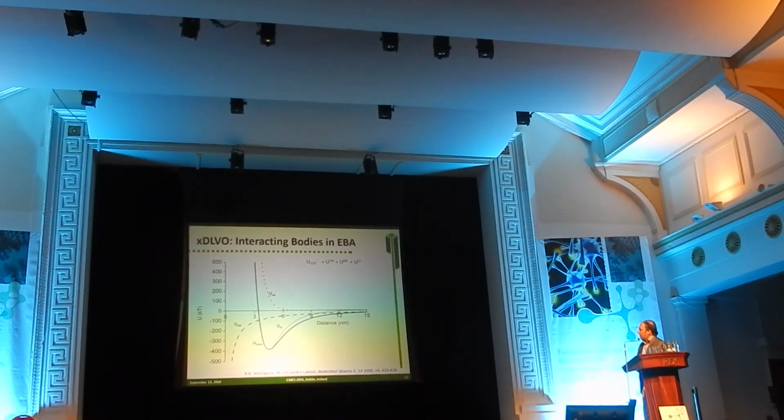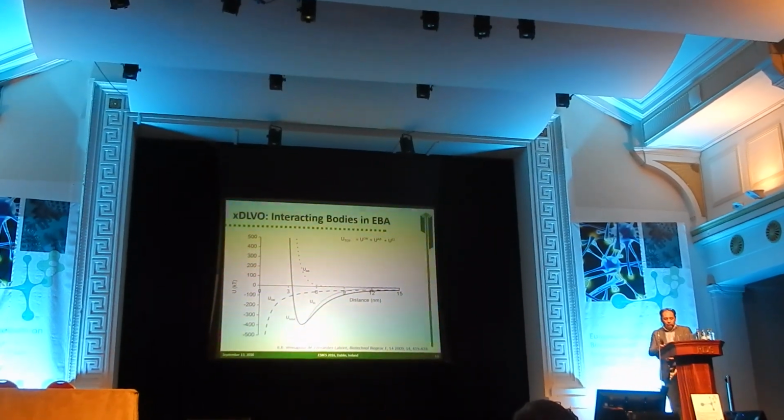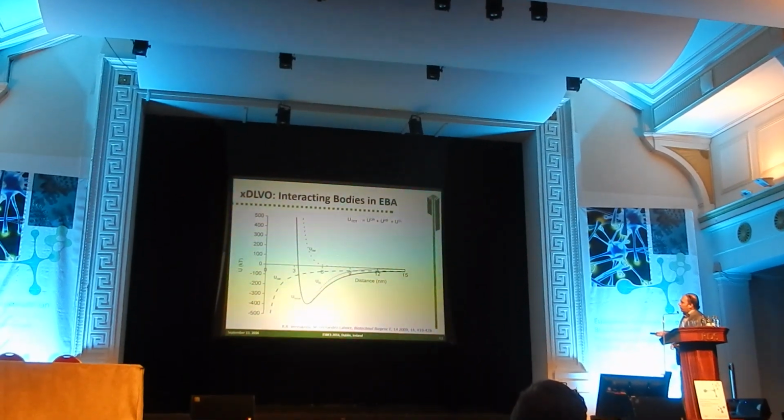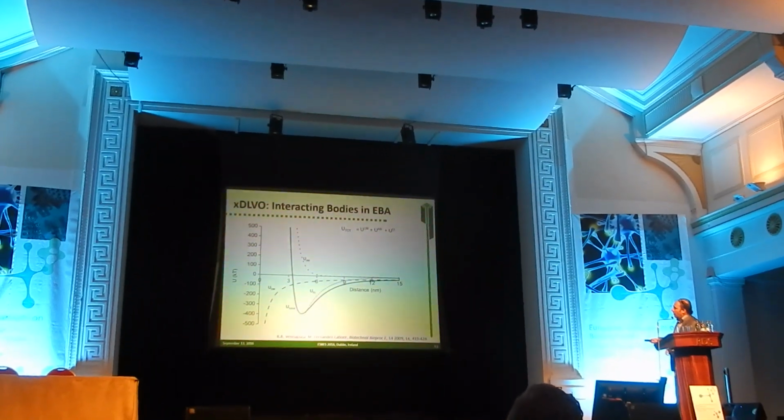Or when they lose contact. So, what we take out of this picture is basically the depth of the total curve here, or the total energy curve, which is the black one, right?